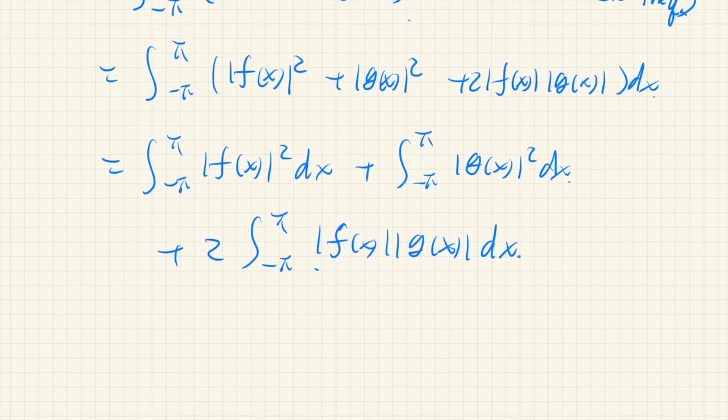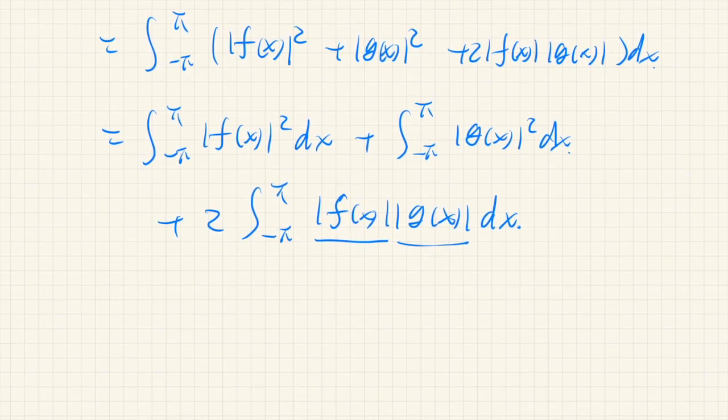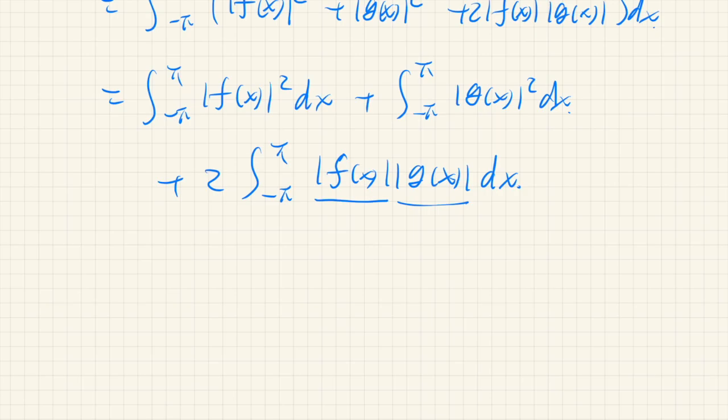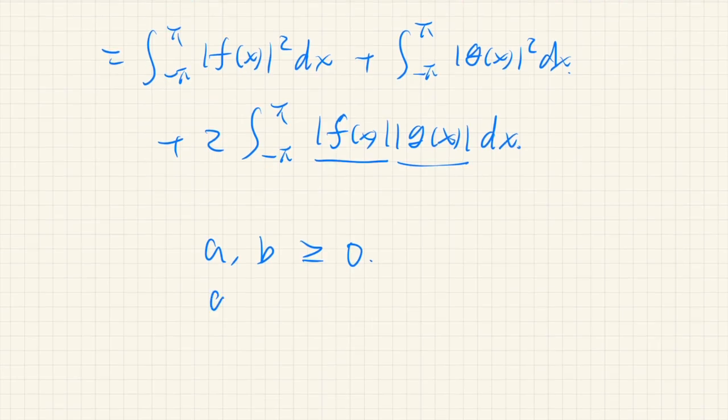Okay, now this one, the modulus of f and the modulus of g, they are just non-negative real numbers. So for any a and b that are positive or 0, we have that the arithmetic mean is greater than or equal to the geometric mean, right?